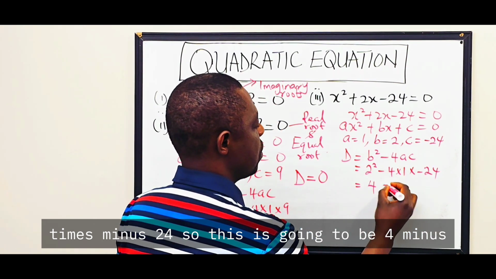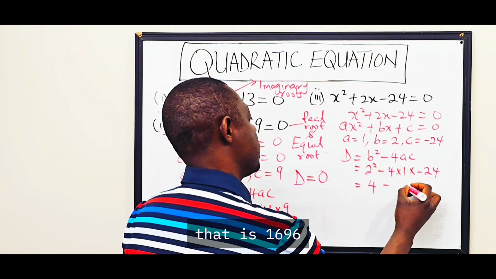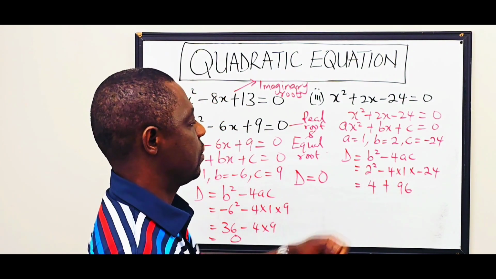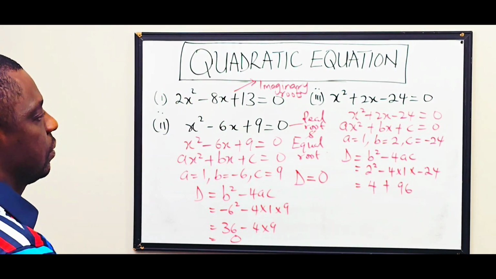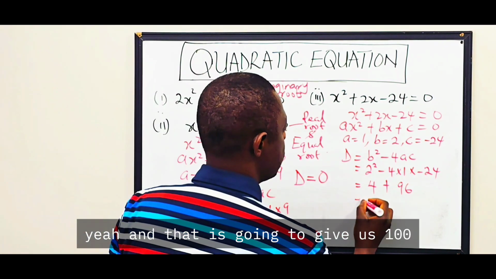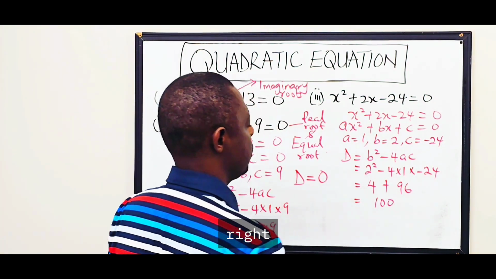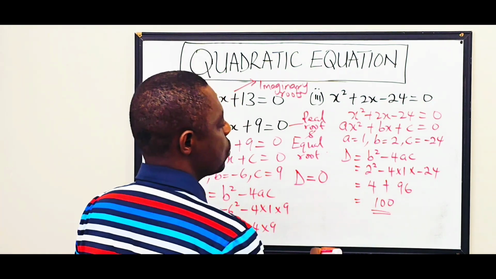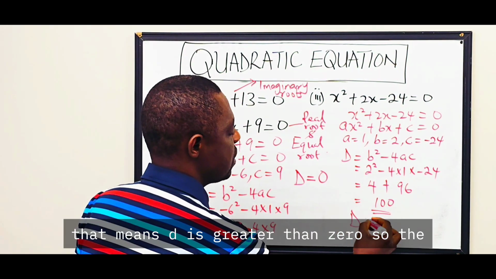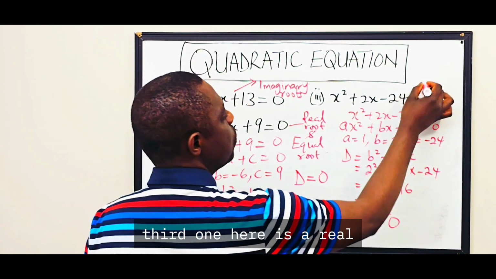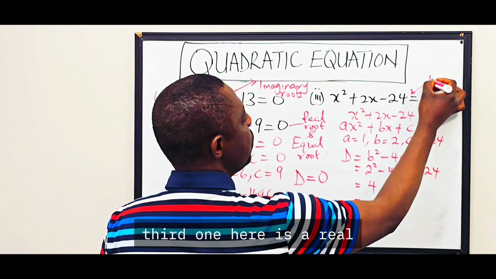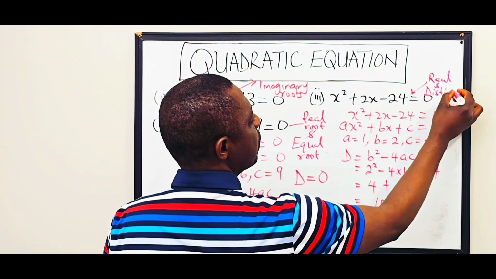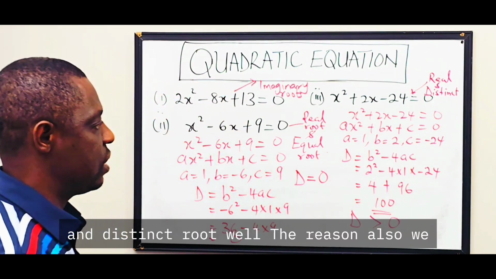So this is going to be 4 plus 96, and that is going to give us 100. So d is 100. Since d is positive, that means d is greater than 0. So the third one is a real and distinct root.